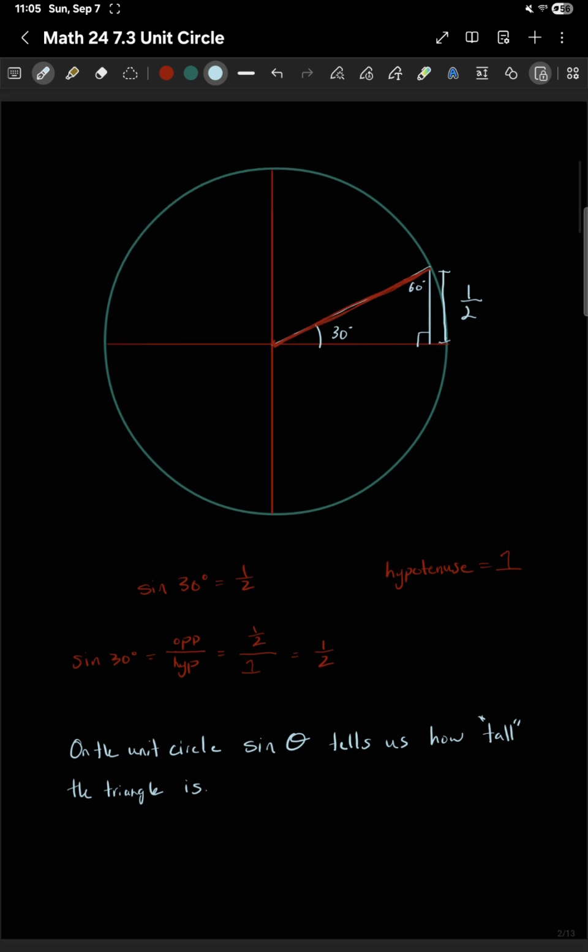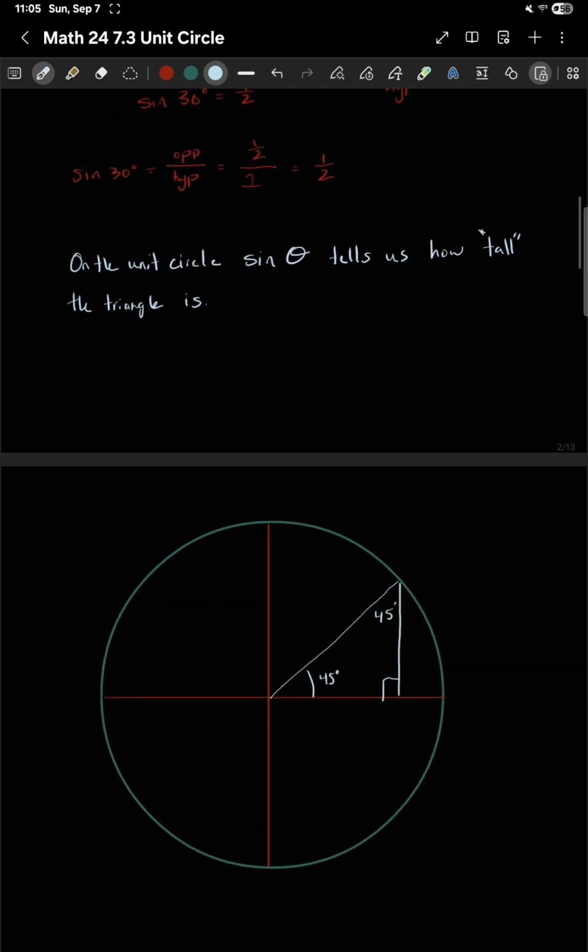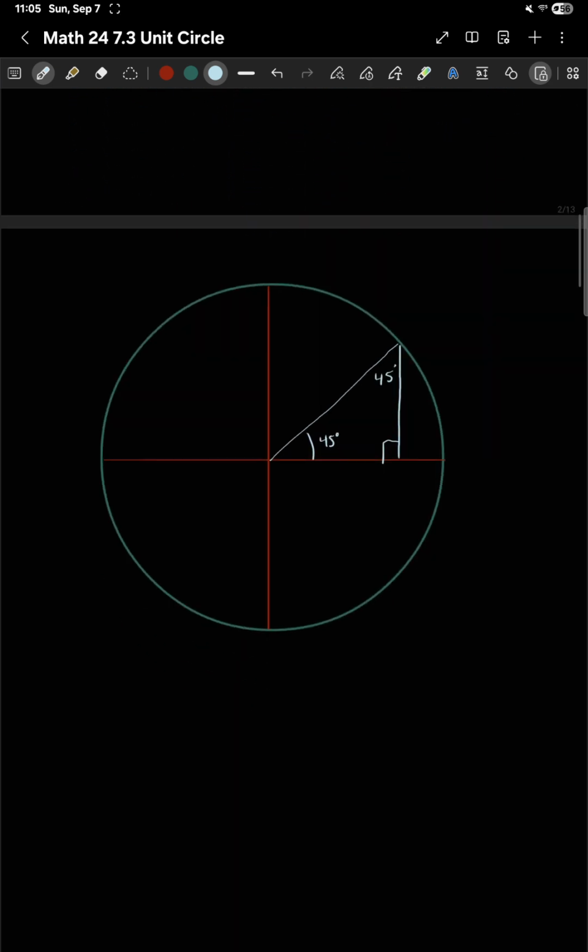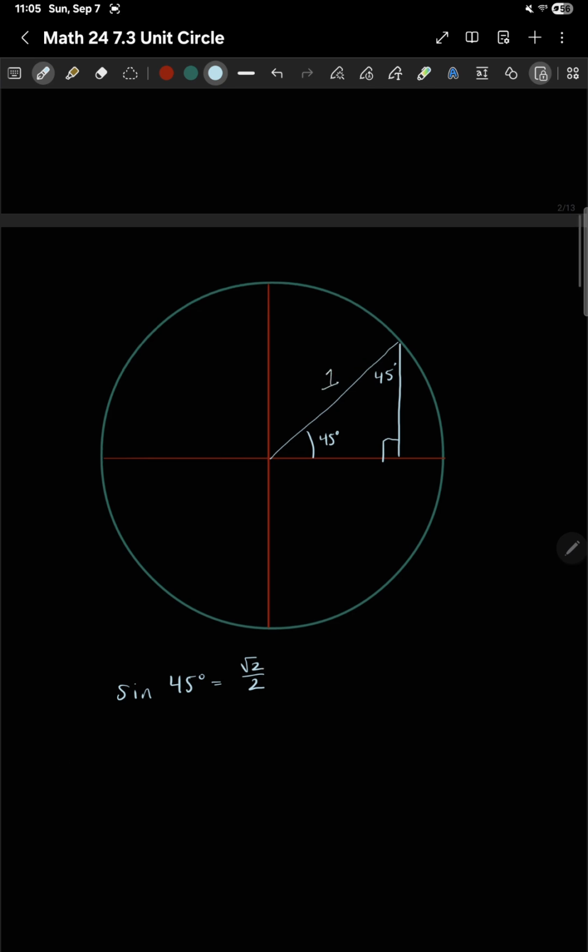So now if we walk to our next picture, and we're looking at this 45, 45, 90 triangle inscribed on the unit circle, we already know sine of 45 degrees is equal to the square root of 2 over 2. Once again, we know our hypotenuse is 1 because we're on the unit circle. Sine of 45 degrees is always going to be equal to the opposite over the hypotenuse.